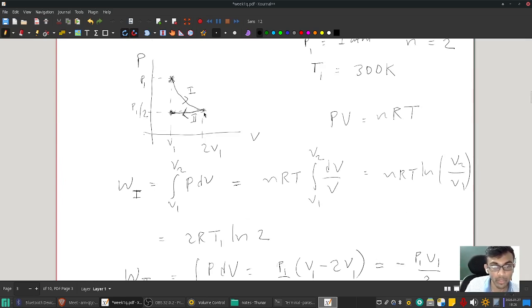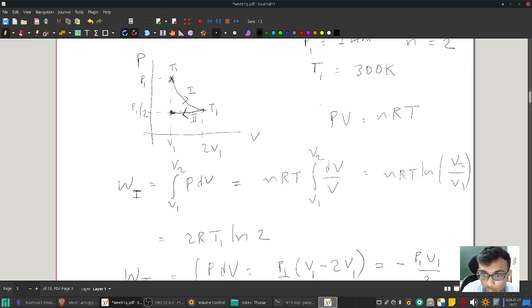Yeah, so let's also quickly try to show the temperatures at various points. So this is T1, this is T1 because this was an isothermal process. Now in the second step, the pressure was a constant, but the volume halved. So the temperature will also reduce to half of its value from the state equation.